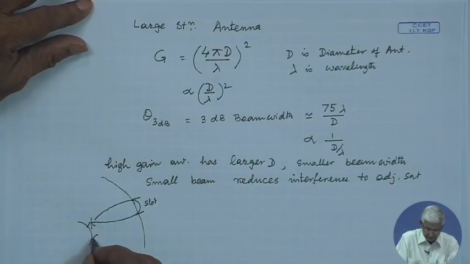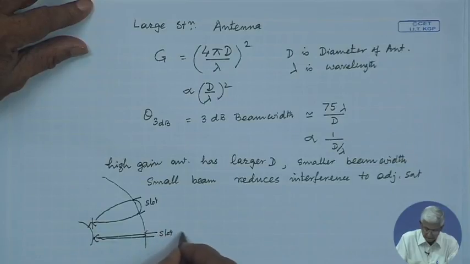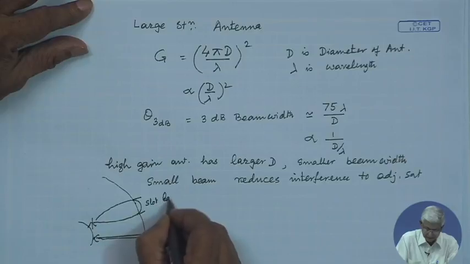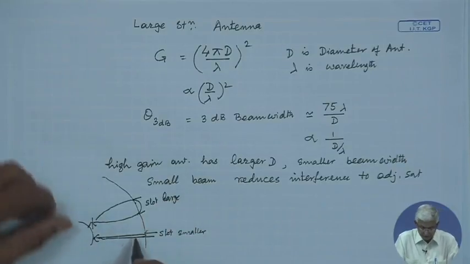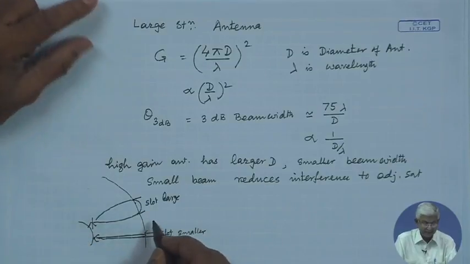Let us say another antenna is a larger antenna, it is having a smaller beam width. So, the operating slot is smaller, this slot is larger. So, therefore, the beam width decides how much interference can take place.